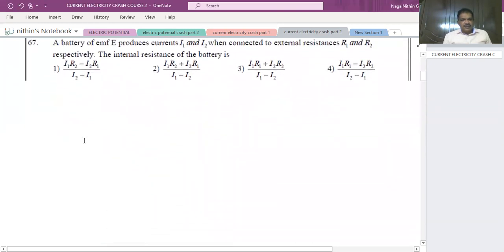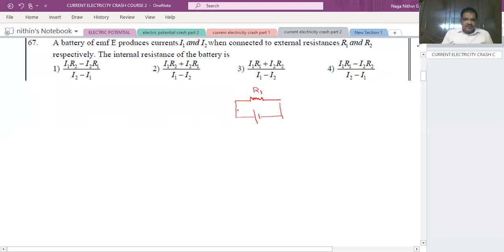Question 67. A battery of EMF E produces currents I1 and I2 when connected to external resistances R1 and R2 respectively. What is the internal resistance of the battery? So here there is an external resistance R1 connected to a battery.